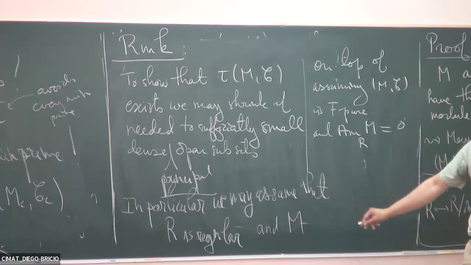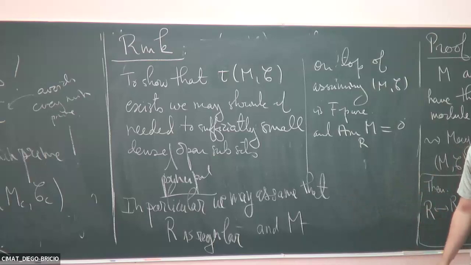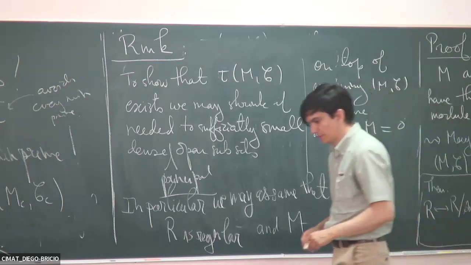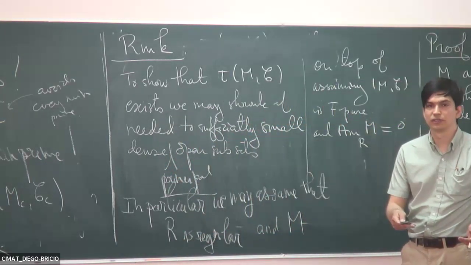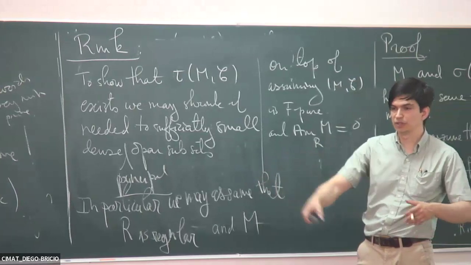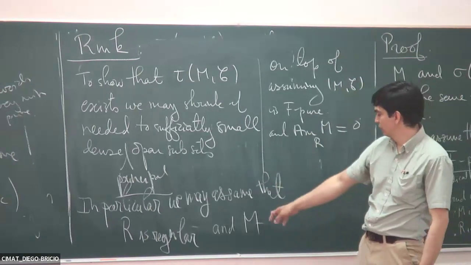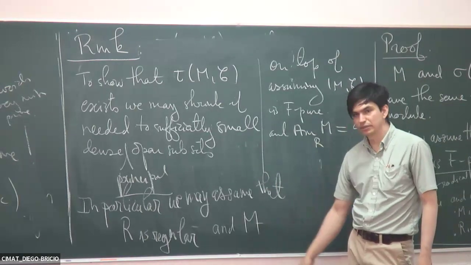And it's going to be generically free because R is reduced, right? When you look at every single point, you're going to get a field, right? There are no embedded primes. So essentially, what R being reduced means is that its total ring of fractions is a product of fields, right? So generically speaking, M is going to be free.